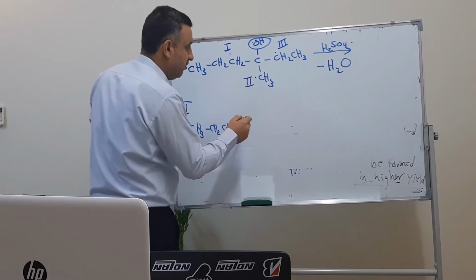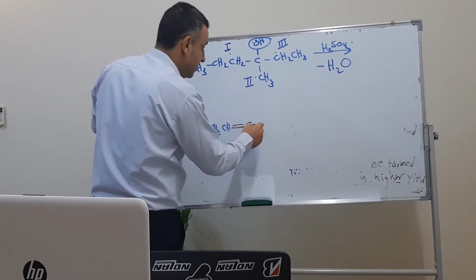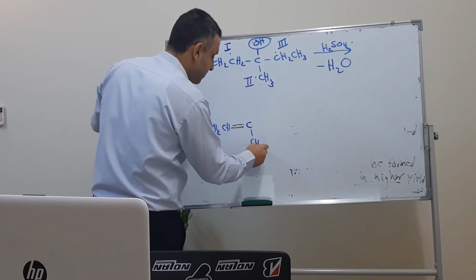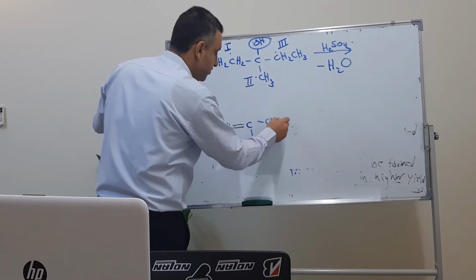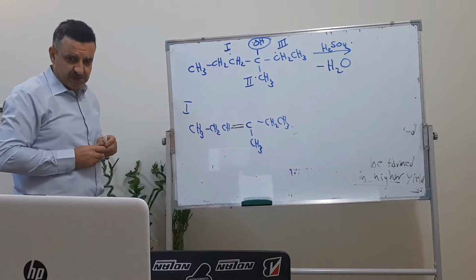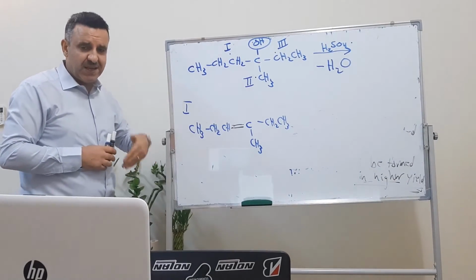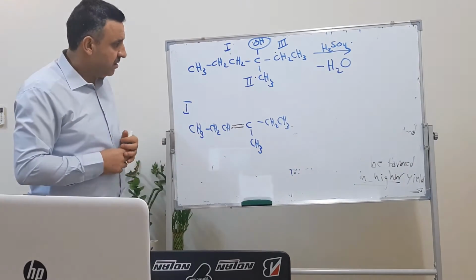Double bond now, and then carbon, then CH3, then CH2, CH3. This is simply the first possible product, isn't it? Or the first possible elimination or dehydration product.